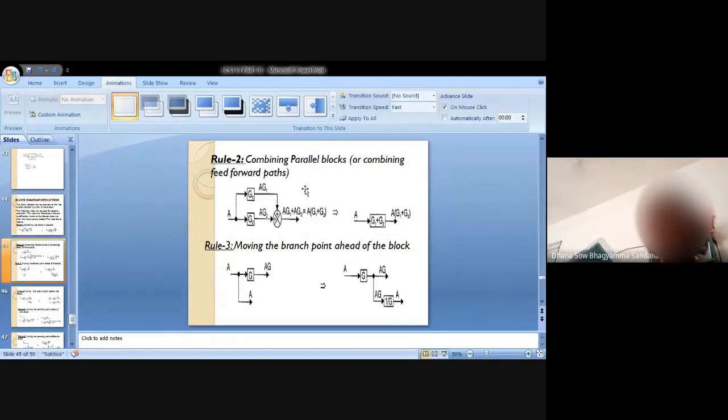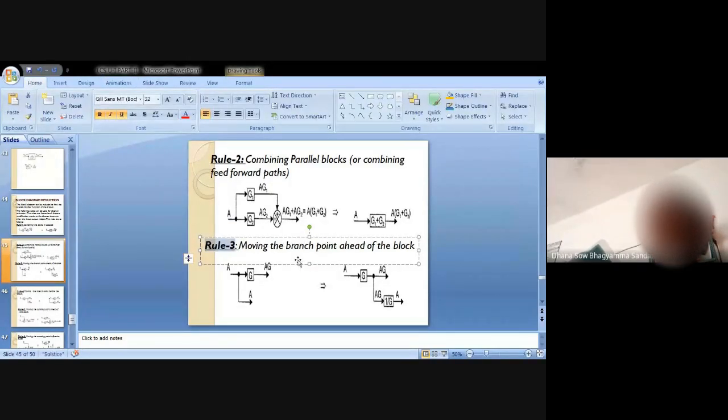Let us go to rule number 2. Rule number 2 is combining parallel blocks or combining the feed forward path.